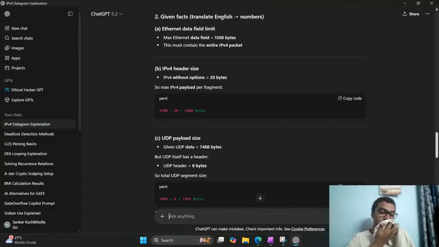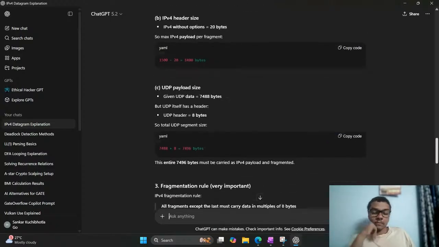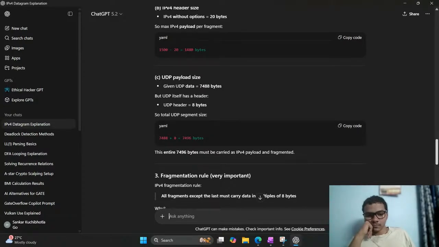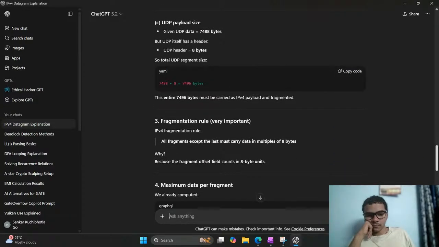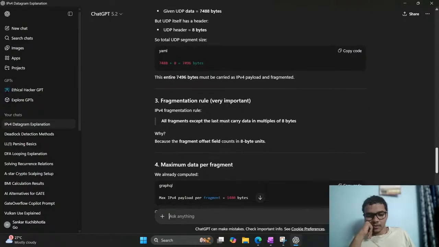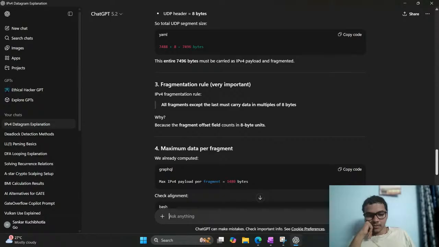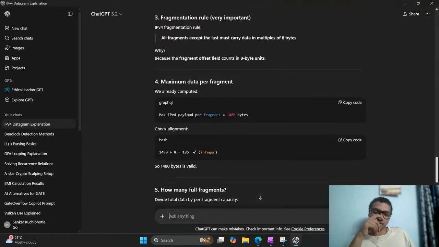But UDP itself has a header. All fragments except the last must carry data in multiples of 8 bytes, because the fragment offset field counts 8-byte units.